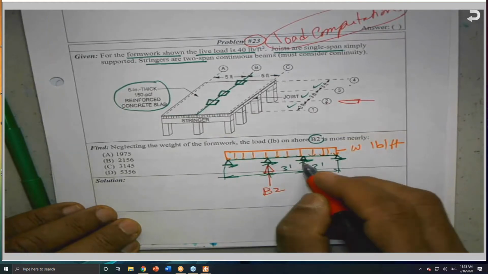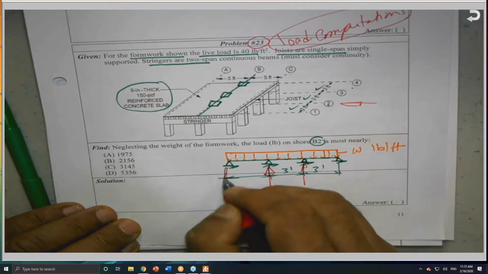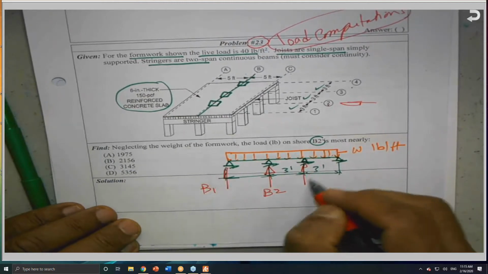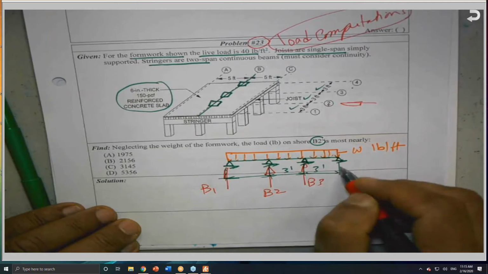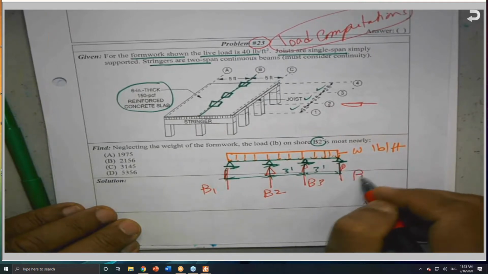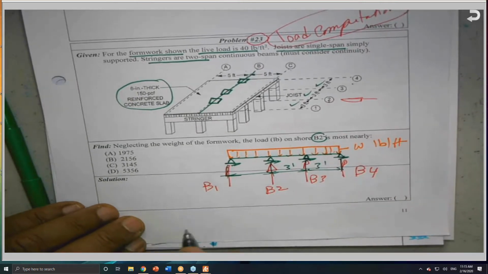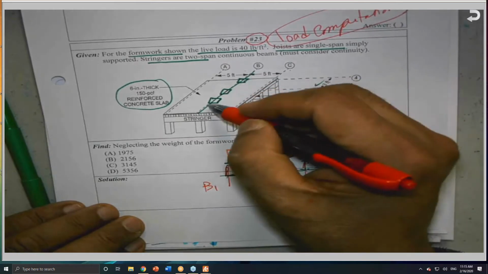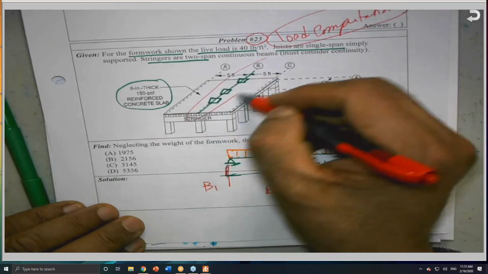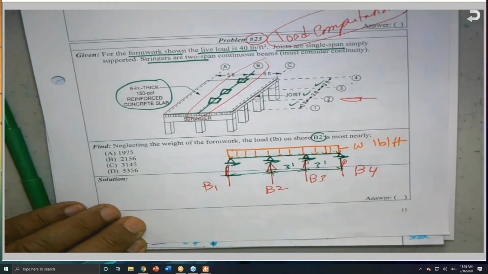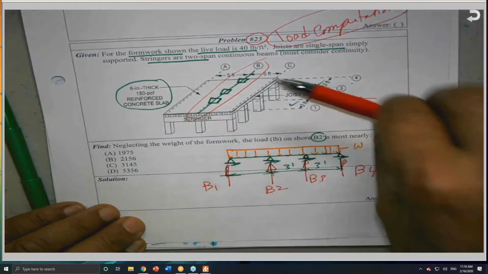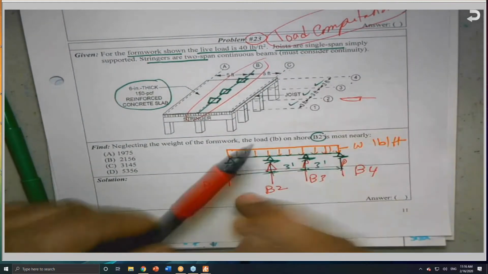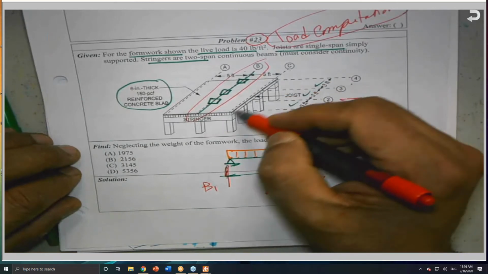So this is B3, this is B1, and this is B3, and this is B4. Those are the 4 columns along the line B. Do you see that? Looking this way, you take all these joints and do it.